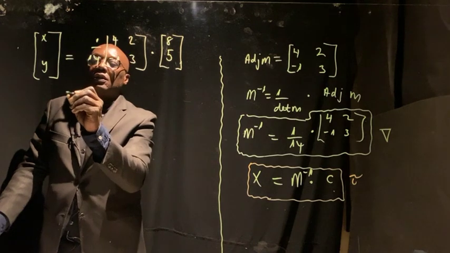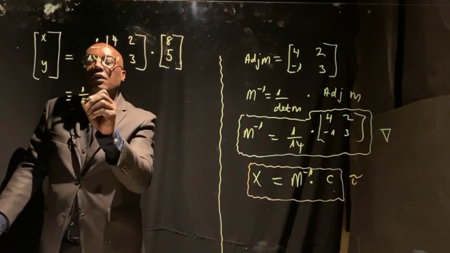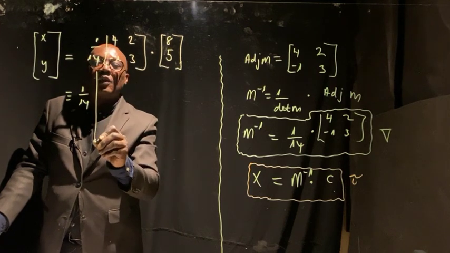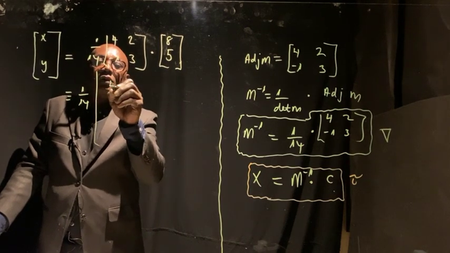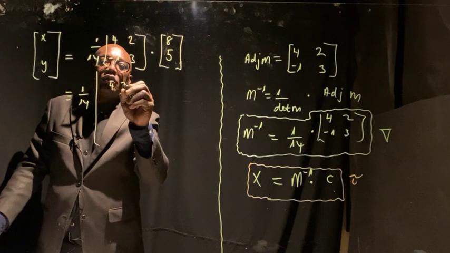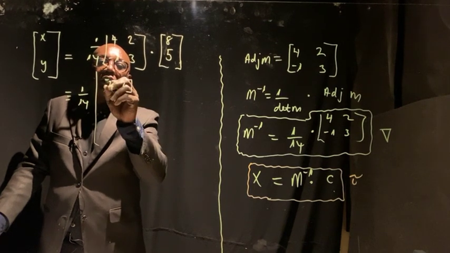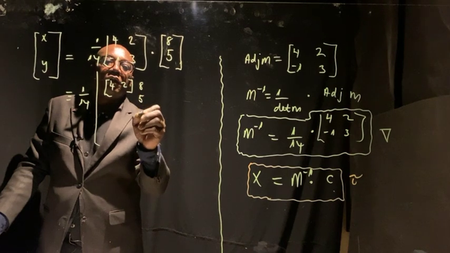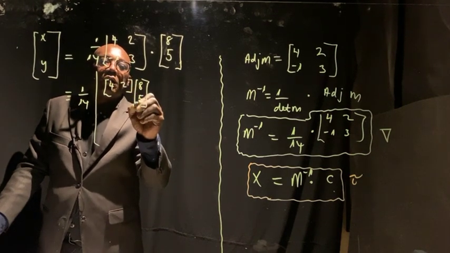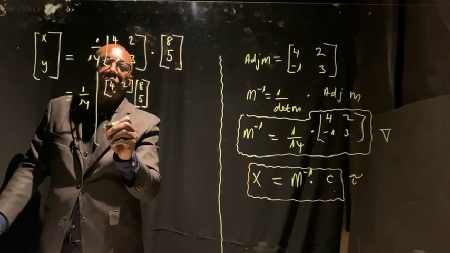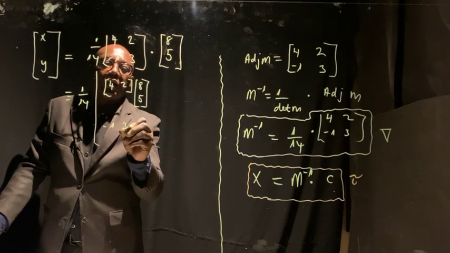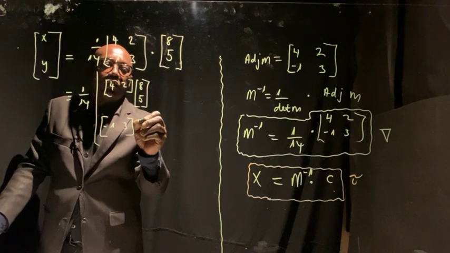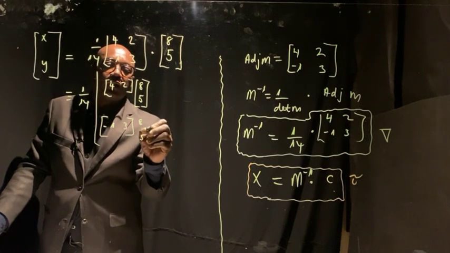Now we have 4, 2 multiplied by 8, 5, and minus 1, 3 multiplied by 8, 5 as well.